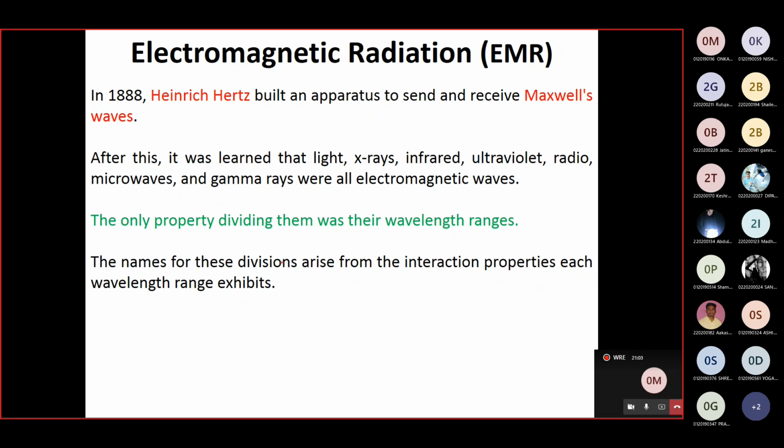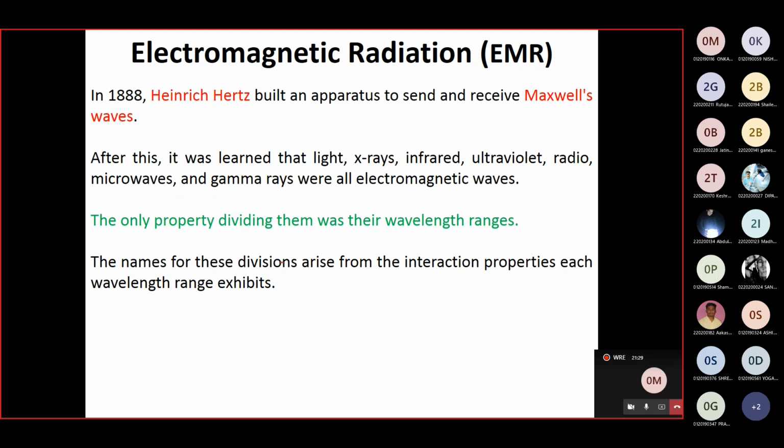Then around 1888, Heinrich Hertz built an apparatus to send and receive these Maxwell's waves. The waves were around 5 meters long, and the apparatus developed by Heinrich Hertz worked very fine.